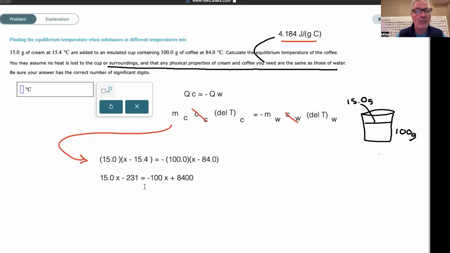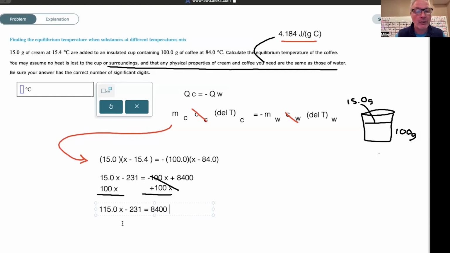So here we go. Let's get all our x's collected on one side. Let's add 100x to both sides. Right? That cleans things up nicely. And then we get 115x, 115.0x. I know what I'm going to do with the digits at the end. I'm going to make it good to a tenth, just like the last one. 115x minus 231 equals 8,400.